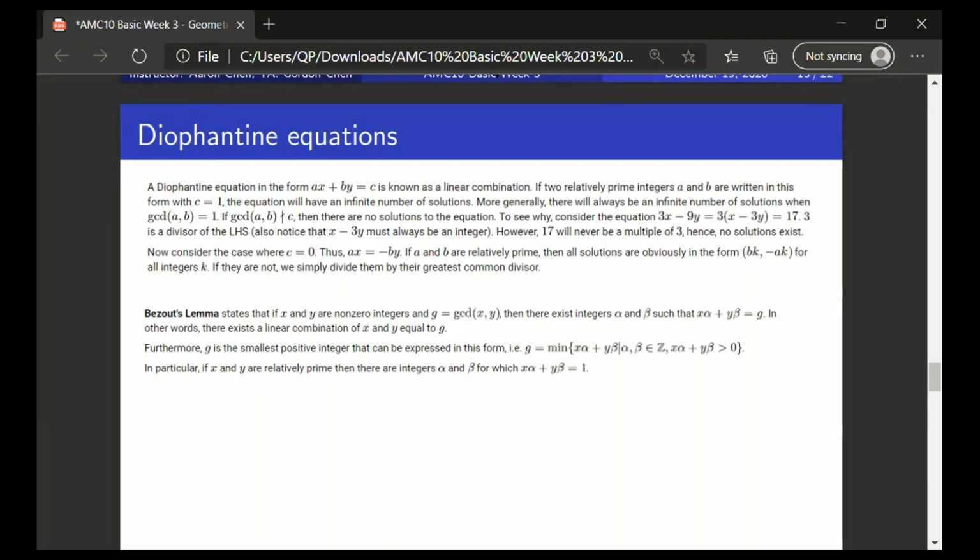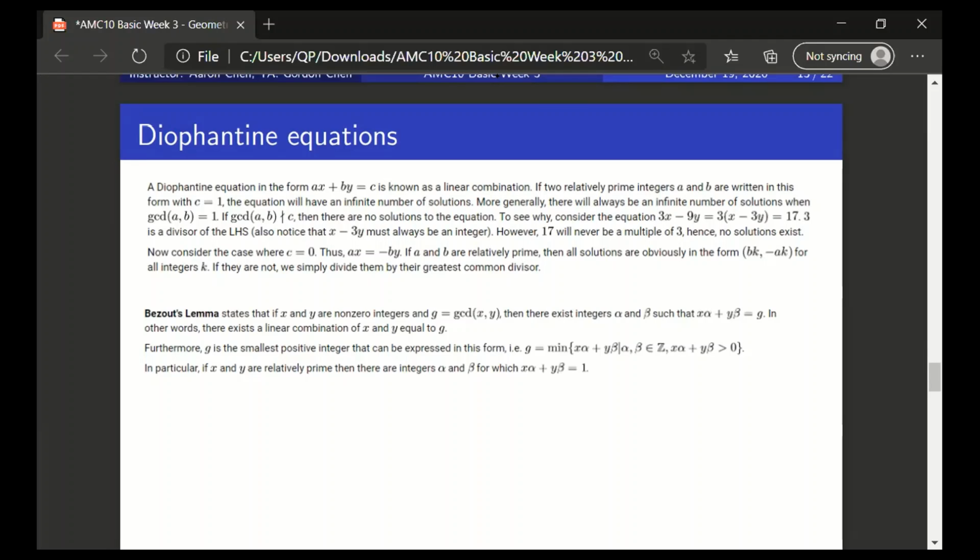So there are no solutions. Now, if c equals 0, then ax equals negative by, and so this always has solutions.